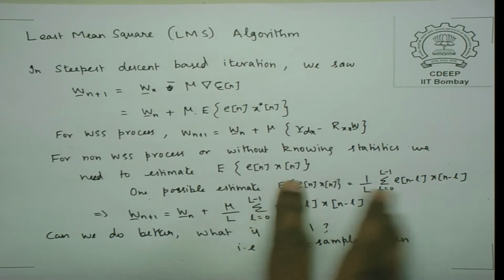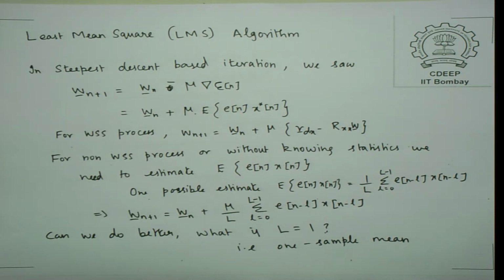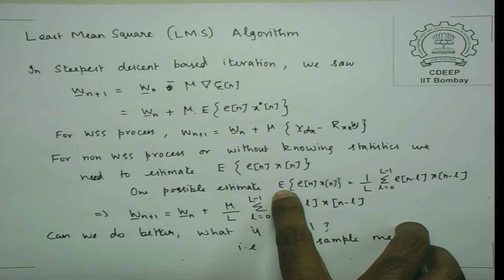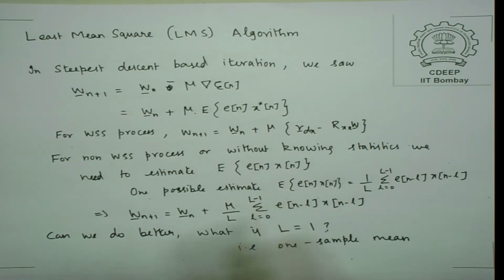But if it is a non-stationary signal where the statistics change significantly with time, for example a speech-like signal, this choice of L is very critical, which means depending on the L we choose, we may have a bad estimate for this expectation. So, how do we get around this problem? The idea behind this is very simple.